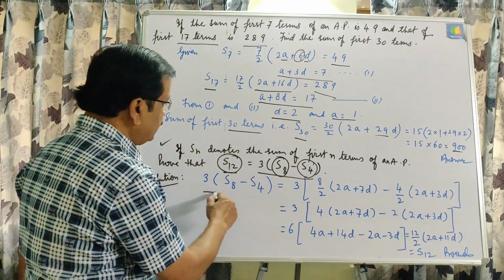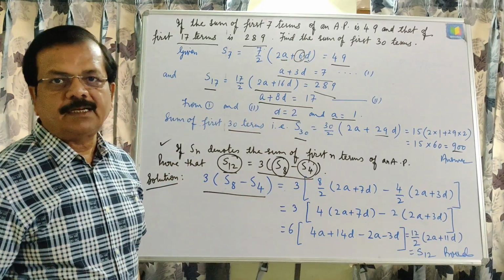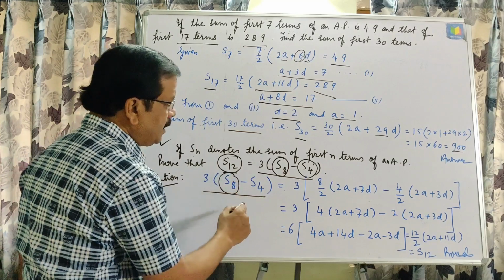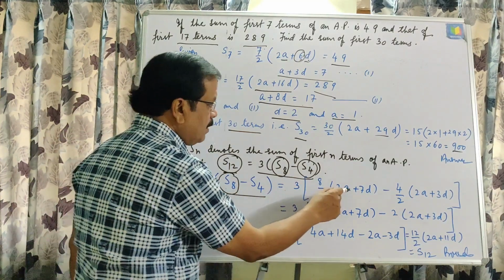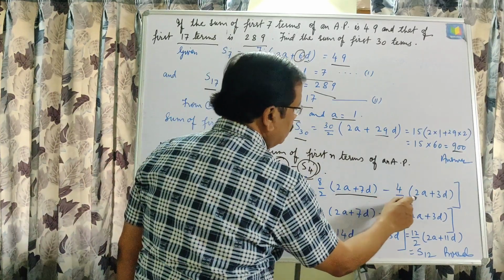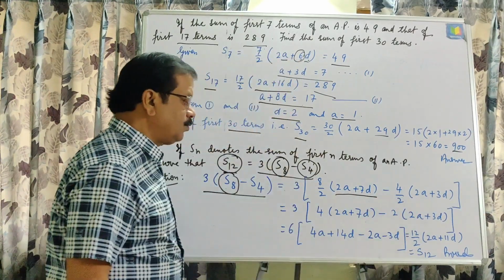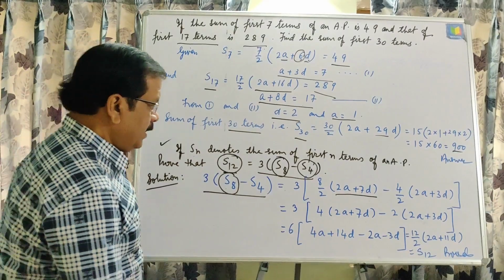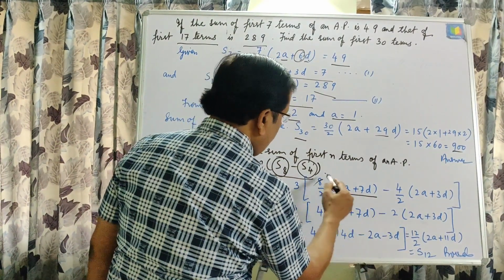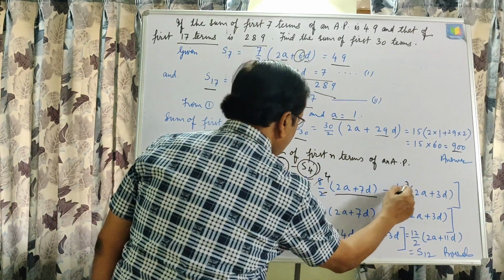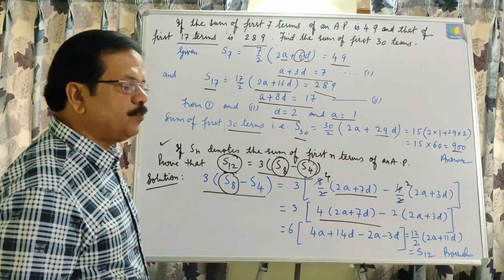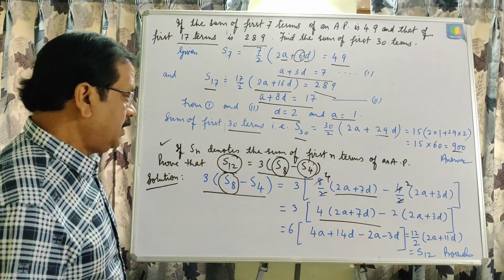Taking the right hand side, 3 within bracket S8 minus S4, writing the formula for the first 8 terms, 8 by 2 times (2a + (8 minus 1) into d), minus 4 by 2 times (2a + (4 minus 1) into d). After solving, this is 2 4s and this is 2 2s, we are getting 4 within bracket (2a + 7d) minus 2 within bracket (2a + 3d).